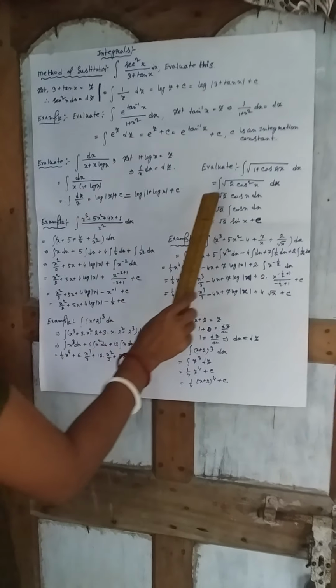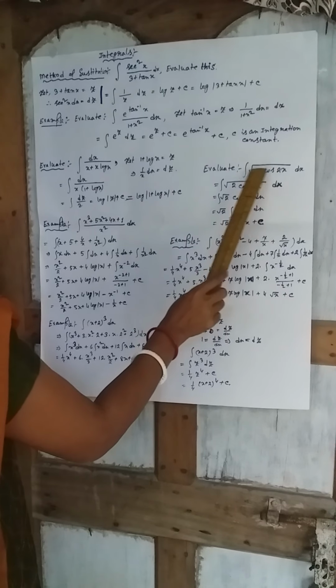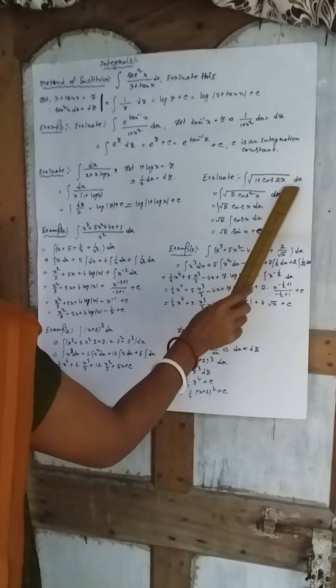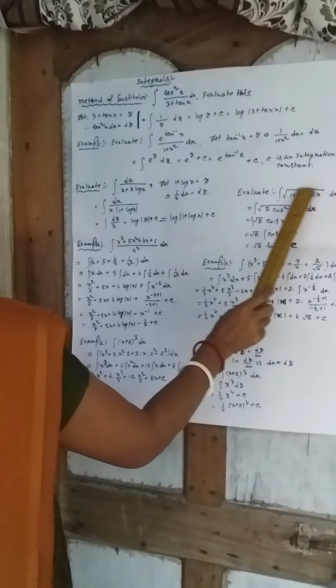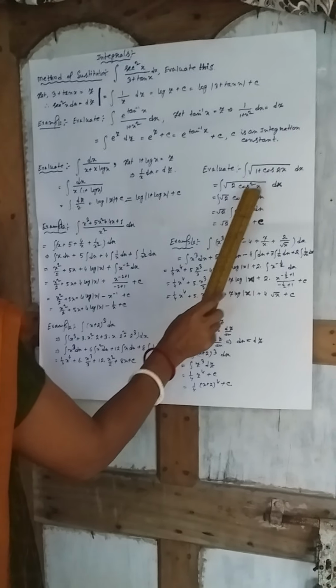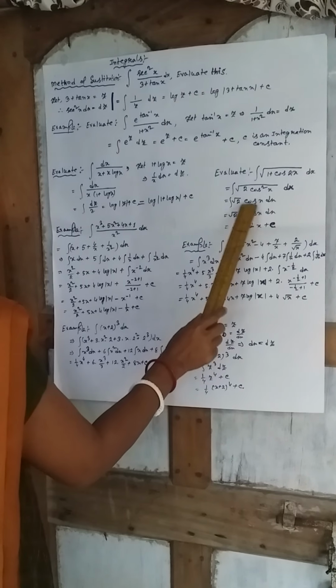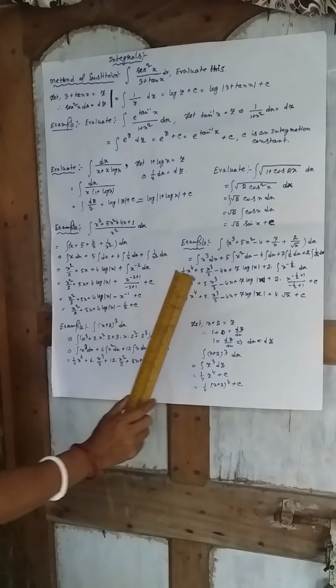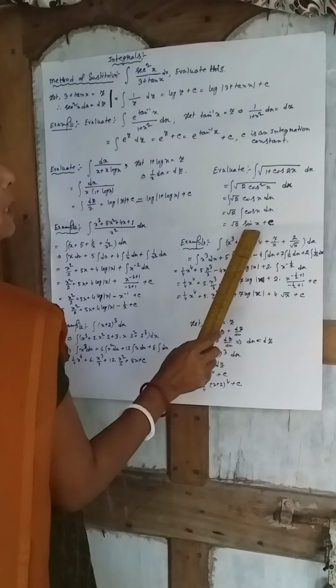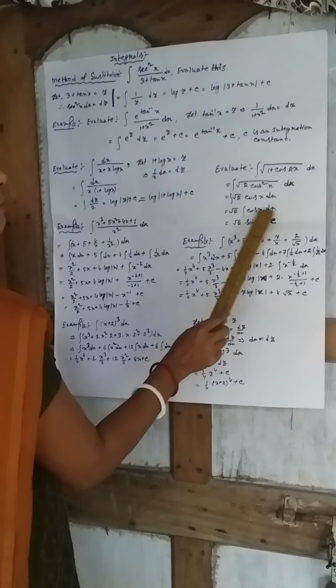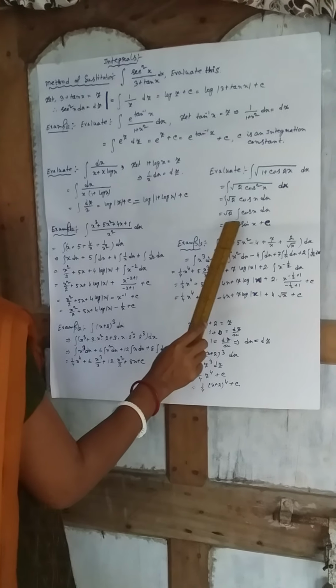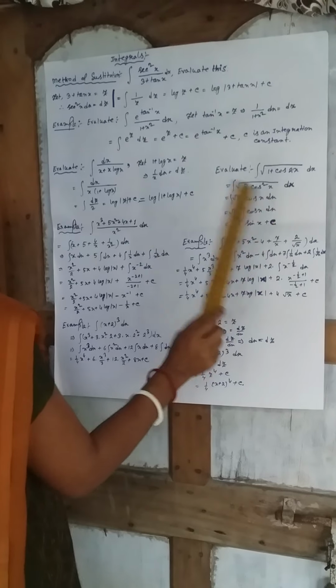Now another example, integration of root of 1 plus cos 2x, and we know the formula 1 plus cos 2x equal to 2 cos square x, then root 2 cos x, and root 2 times integration of cos x, we know that the derivative of sin x equals cos x, so integration of cos x equals sin x, so the result is root 2 sin x plus c.